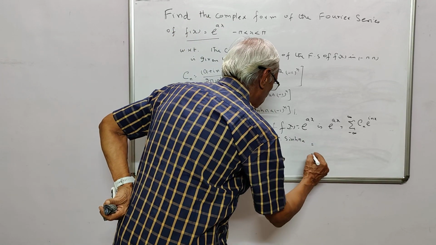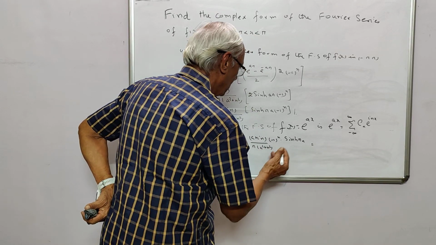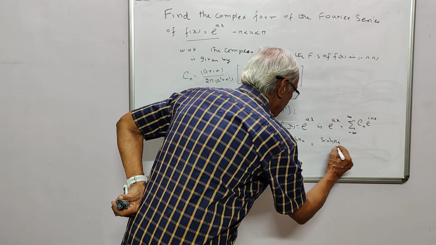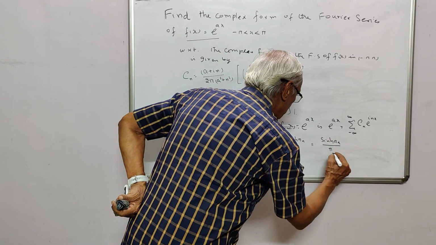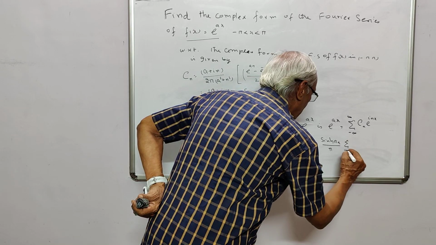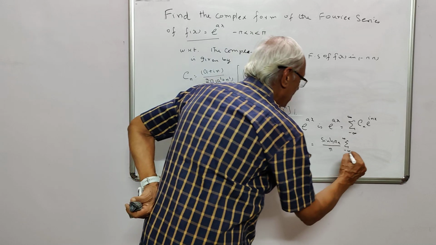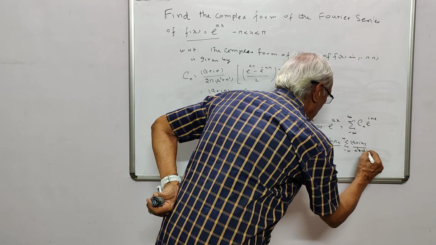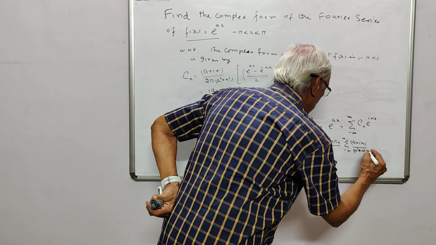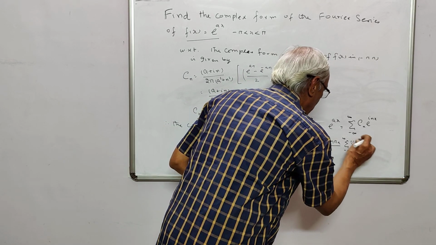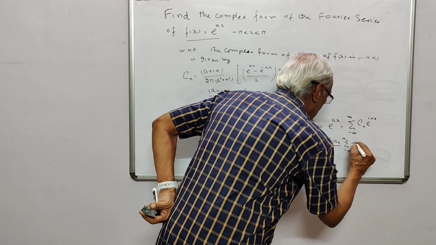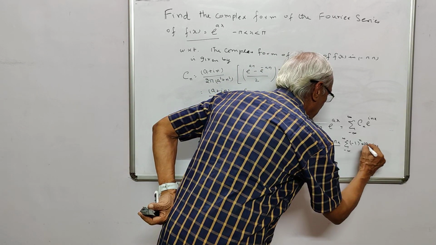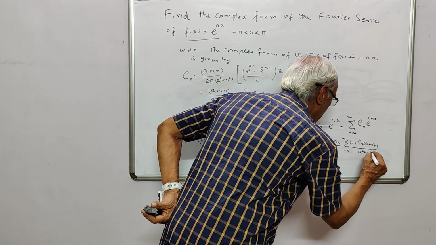So you take out whatever is not involving n, you can pull them out, so you will get this as sinh pi a divided by pi, sum from minus infinity to plus infinity of a plus in divided by a squared plus n squared, and I will write minus 1 to the power of n first, then it will be correct.